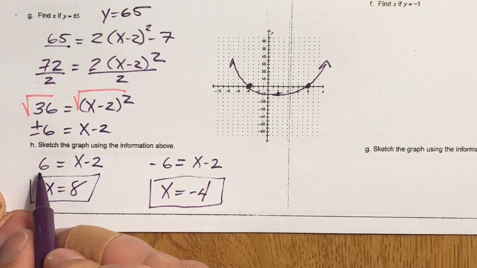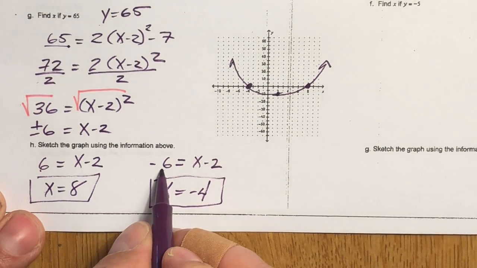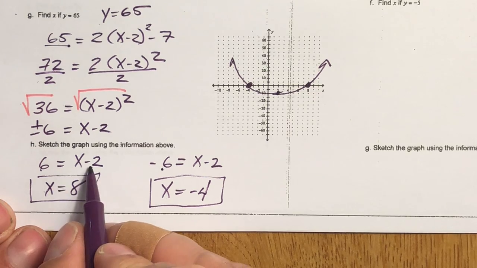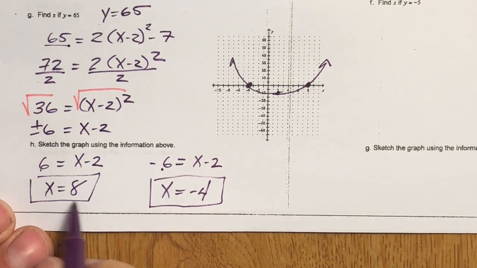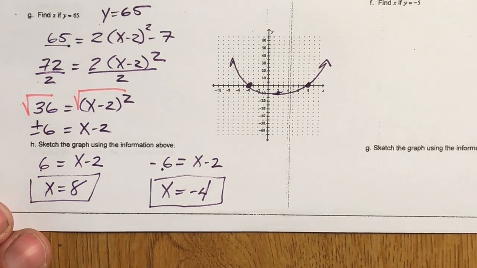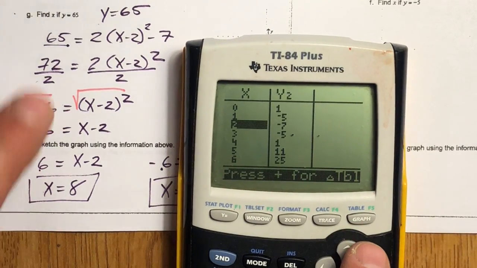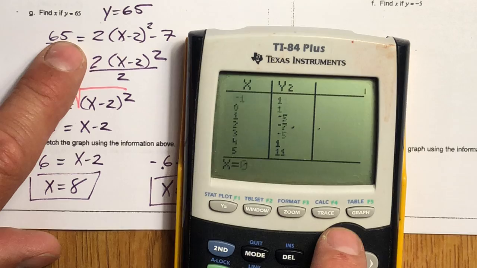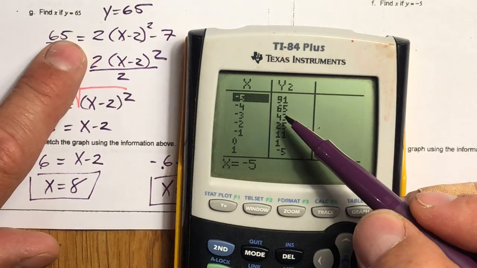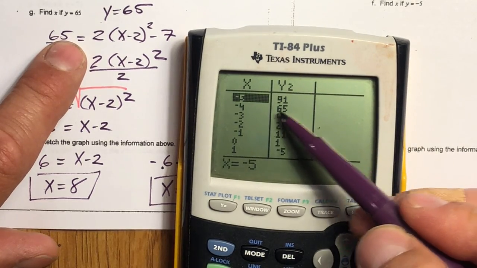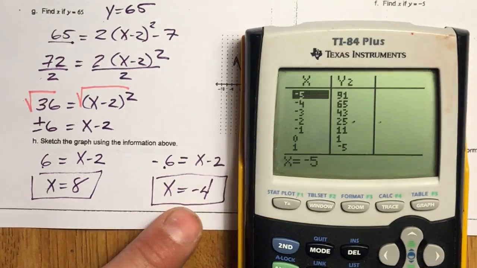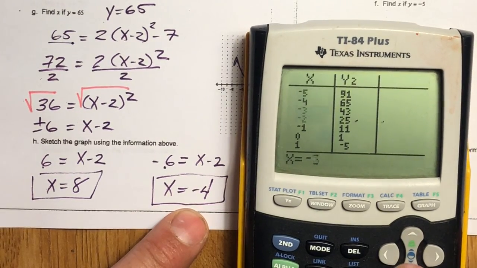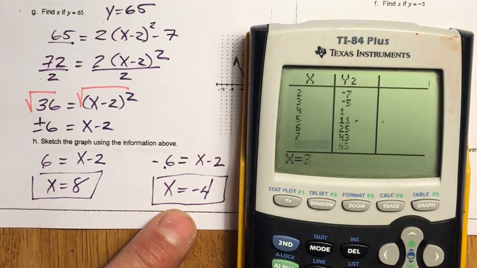There's my positive, there's my negative. And then all I did was add 2 and got my answer. If I'm double checking this, going up to find where y is 65, x is negative 4, which is right there. And if I go to 8, I will also see that that's 65.